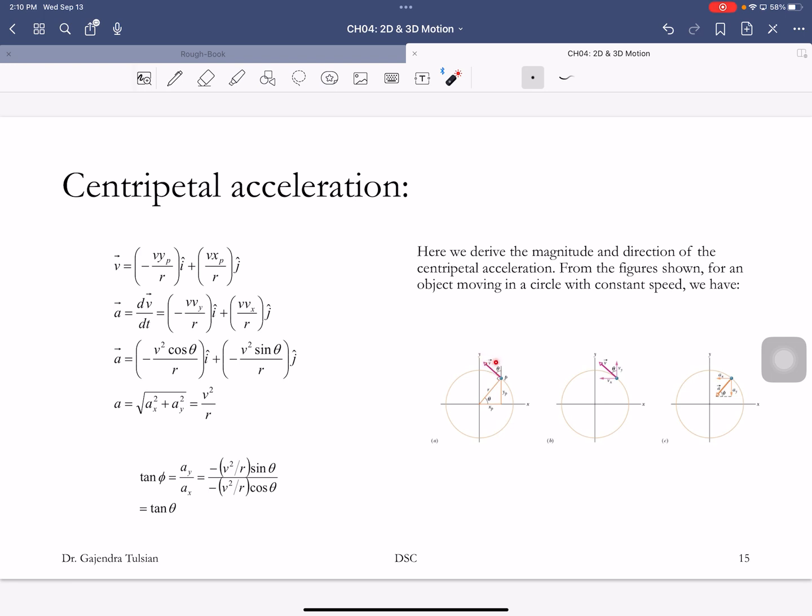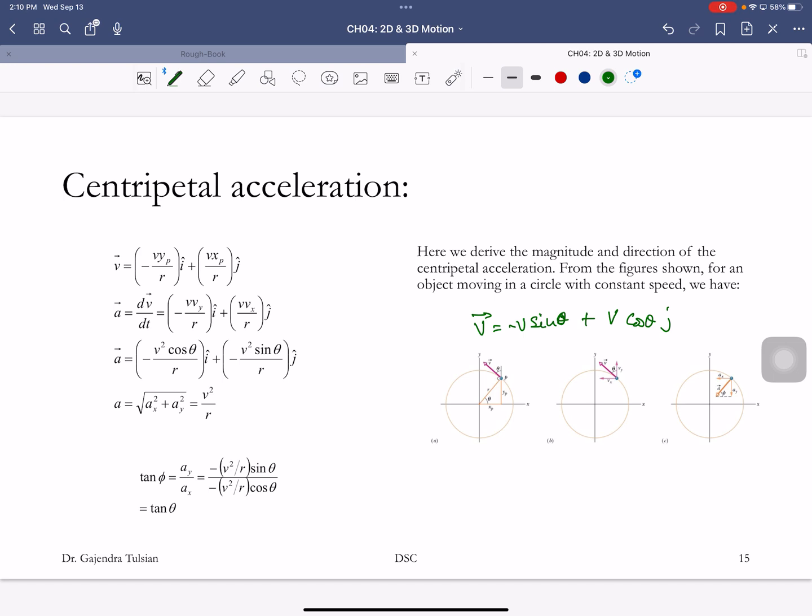There's your x component of the velocity. That is equal to v. So at this instant, the velocity vector is your speed, minus v sine theta i, the negative sign telling you the direction, plus v, the y component is cosine theta, j.